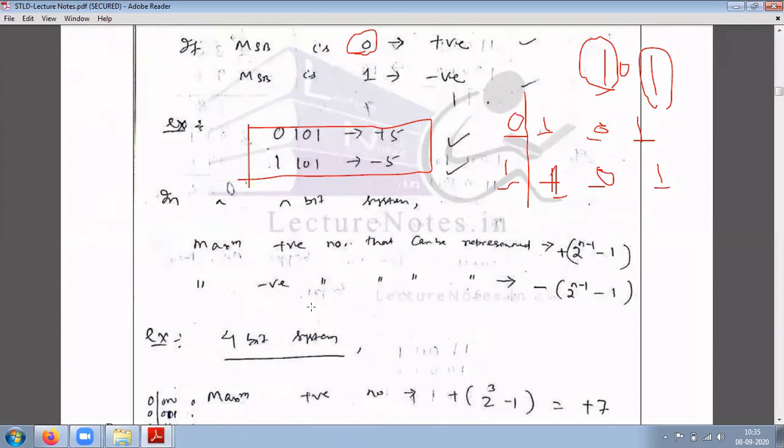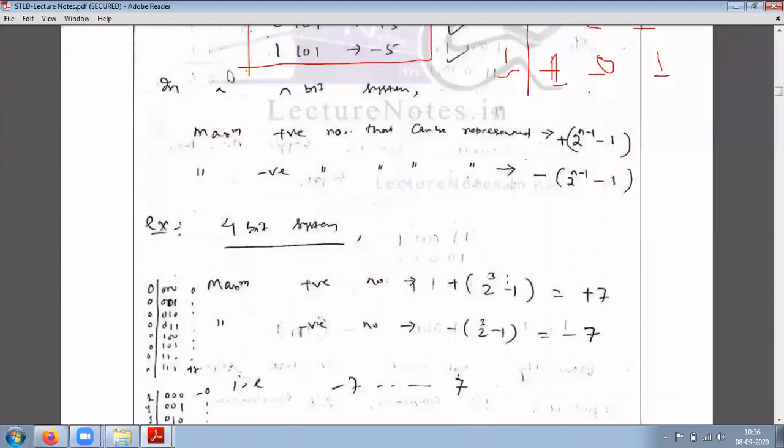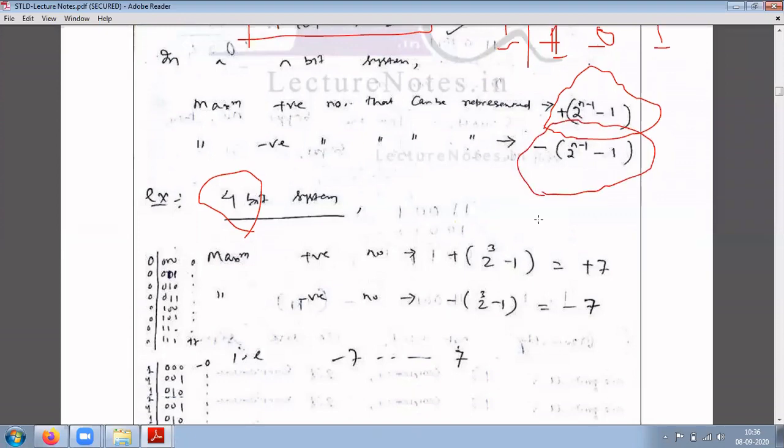So there is a formula. If it is an n-bit system, how many maximum positive numbers and how many negative numbers can you represent? Suppose n equal to 4. The formula is 2 to the power n minus 1, minus 1, to minus of 2 to the power n minus 1, minus 1.